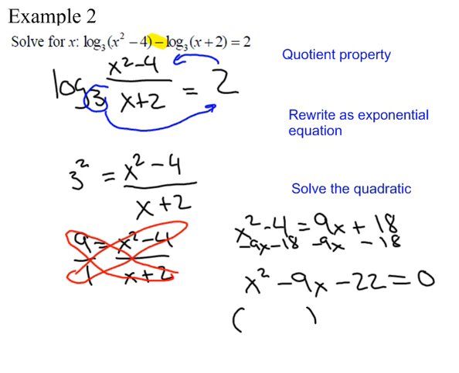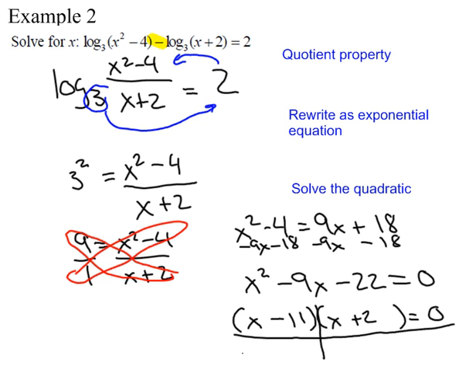Okay, so now we factor. And we get x minus 11, x plus 2, and we get x equals 11, and x equals negative 2.